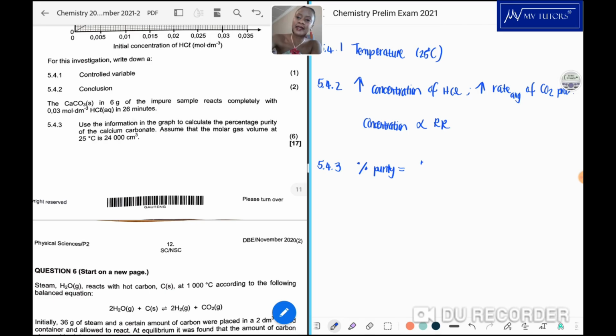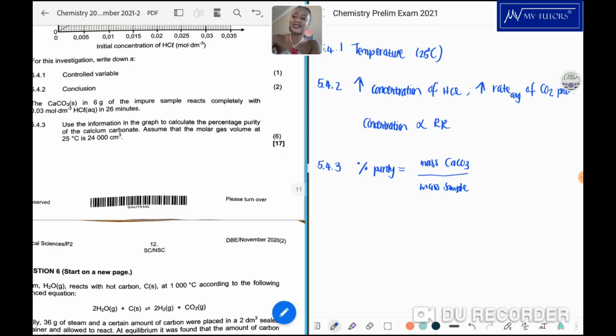Let me say the mass of the pure calcium carbonate over the whole sample, the mass of the sample. So basically if this sample is 6 grams, maybe let's say you find that calcium carbonate is 4 grams, then you can calculate the percent purity, and afterwards we multiply it by 100 because we are looking for a percent.